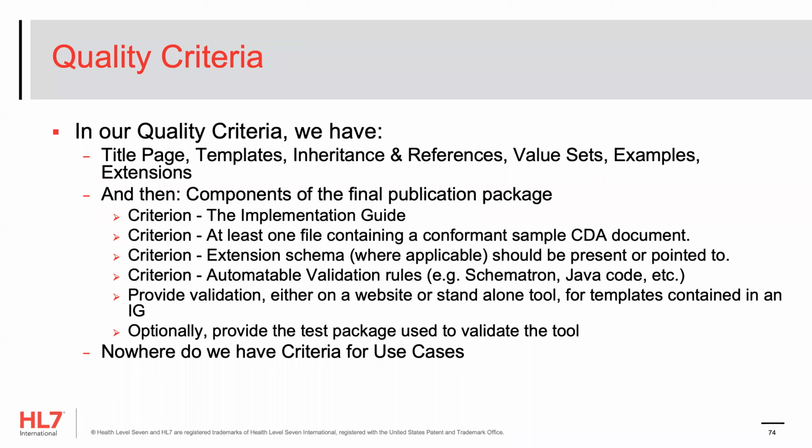We look at the components of the final publication package to make sure that we've got the implementation guide, at least one file that has the sample CDA document, the extension schema, automated validation rules like the schematron and Java code. We provide validation on a website or standalone tool for templates in the IG.